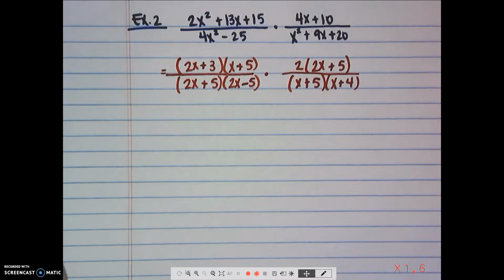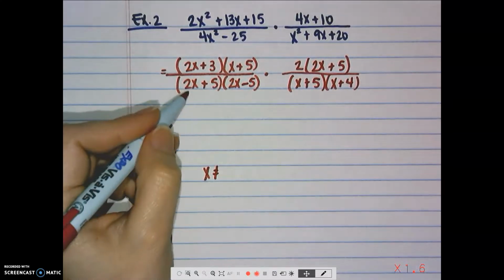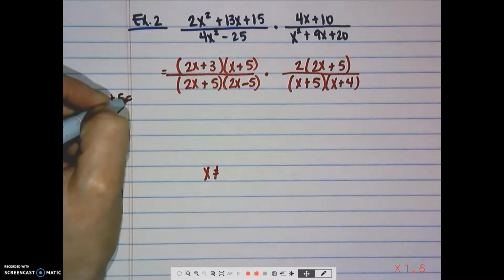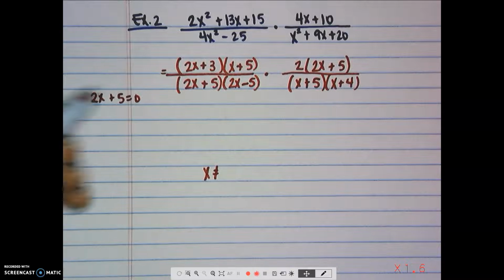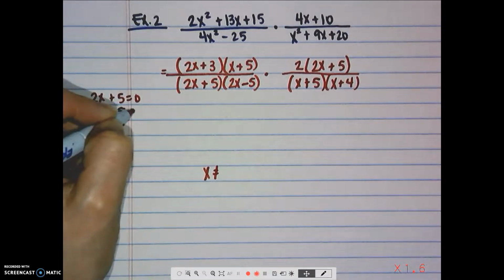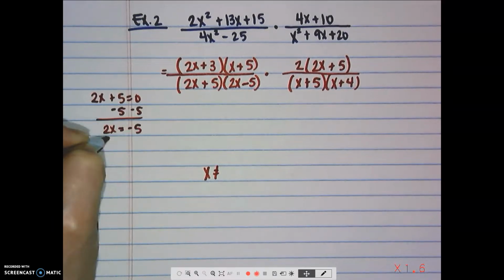All right, so we're ready to do restrictions here. In this one, it might be beneficial for you to write some work out, at least until you get the hang of this. If we're figuring out when that particular piece would be equal to 0, we would set it equal to 0. We would subtract 5 and get 2x equals negative 5.